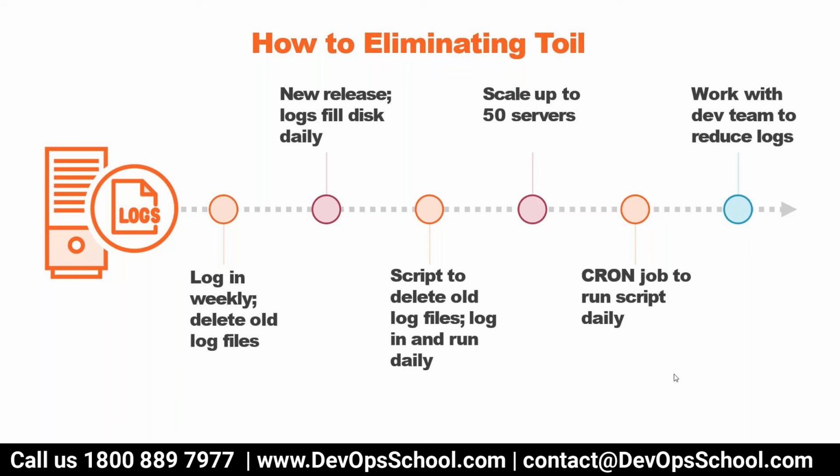But if you look at this, up to the cron job to run the script daily, that was ops. Please understand that until you work with the cron job to run the script daily, you were an ops team. But if you want to become an SRE team, the moment you decide to work with the dev team to reduce the log itself, making changes in the application, that is where you become SRE. Are you understanding what I'm trying to say?